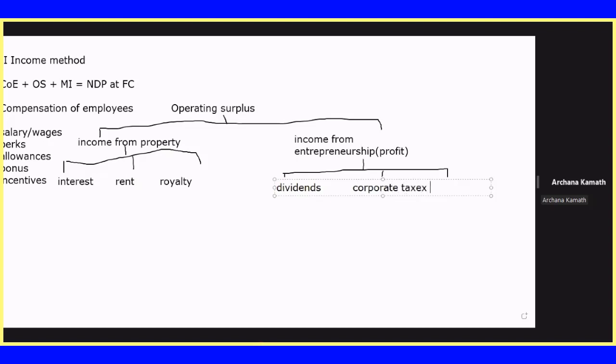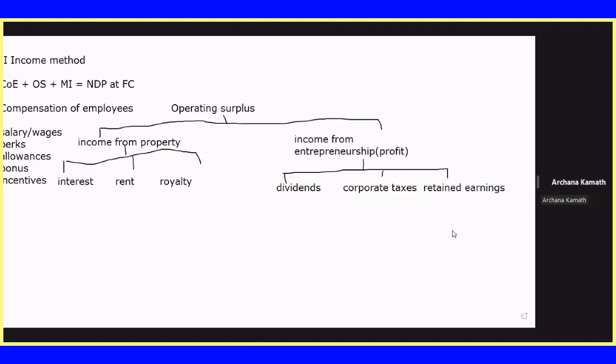And a part of the profit is kept aside for further production, because you have to expand your business activity or go for a second round of production. That is known as retained profits or retained earnings.